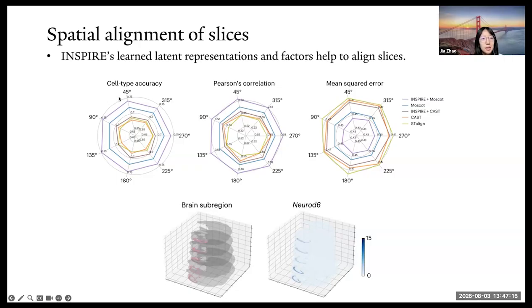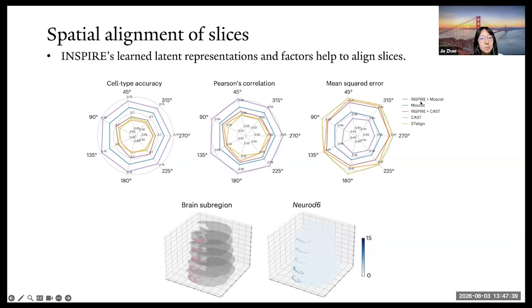Here, we want to show that if we plug our learned interpretable representations into other well-established methods, instead of using PCs or embeddings from scVI, we can help the other methods achieve better results.